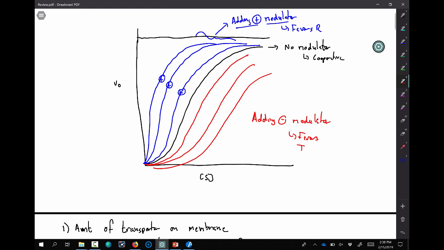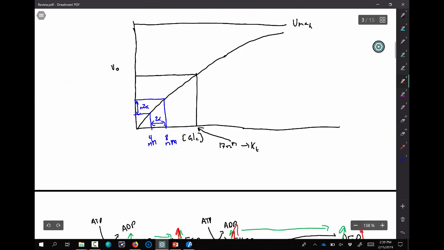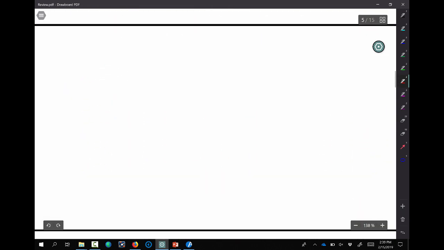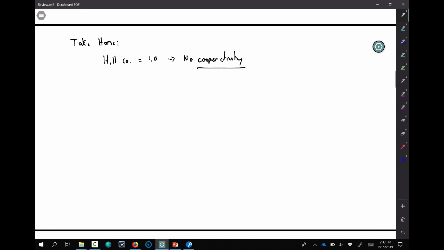The take-home message for you is this: a Hill coefficient of 1 means no cooperativity. That's essentially a Michaelis-Menten enzyme. It will not exhibit sigmoidal behavior. There is no conformational change.